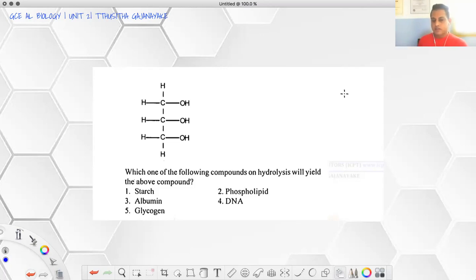Right now, if you look at this given molecule, this is glycerol. It has 3 carbon, 3 OH group, and the rest are hydrogen around it. You learn triglyceride has glycerol.